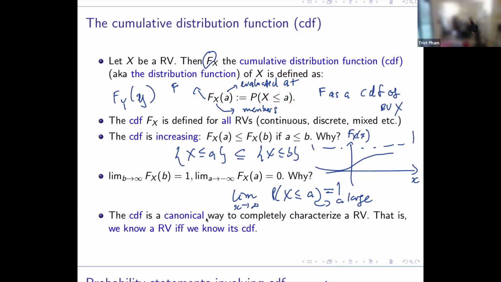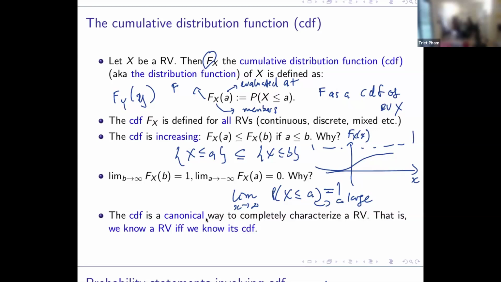So if you know these values for all a's, on the axis of a right here, then the claim is you know the random variable completely. The CDF is not arbitrary, meaning it cannot be anything you want it to be. It has several characteristics.